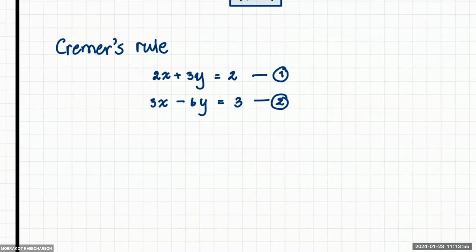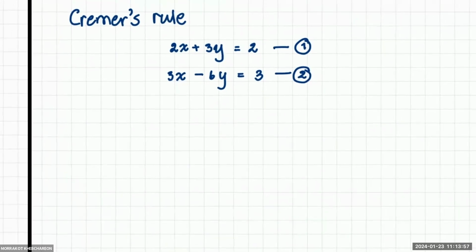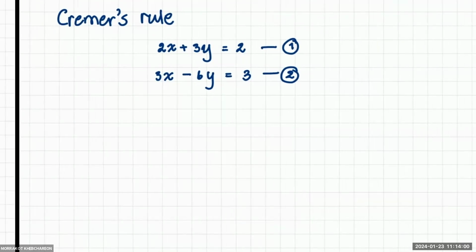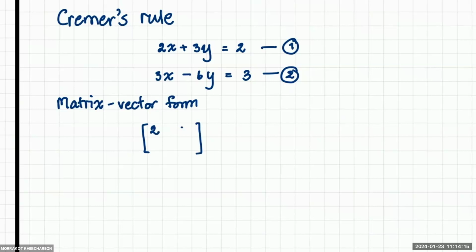These 2 equations can be written in terms of a matrix form, as the coefficient matrix 2, 3, 3, negative 6, multiplied by the vector x and y, equal to 2 and 3.